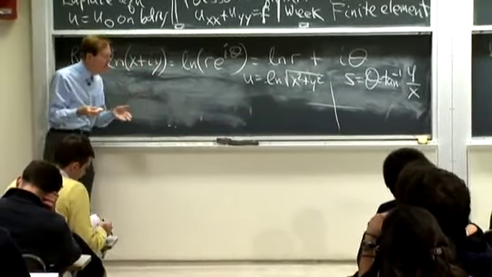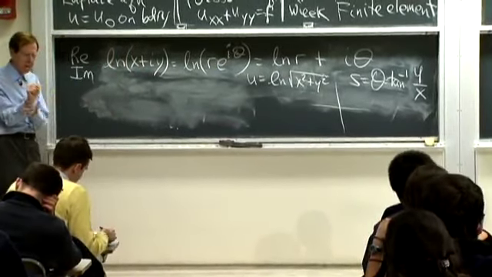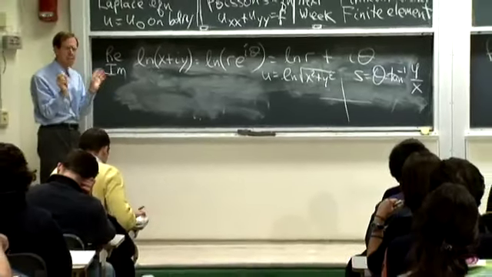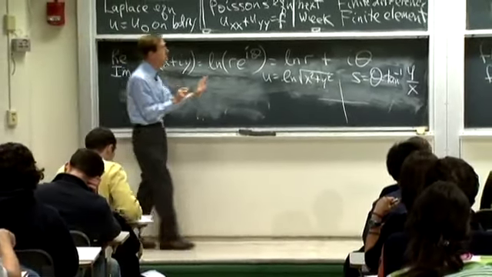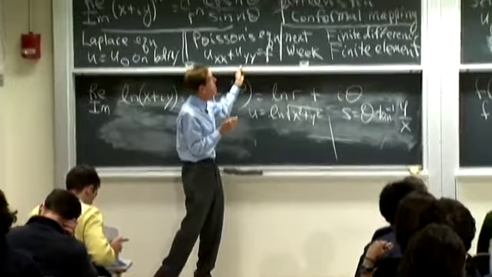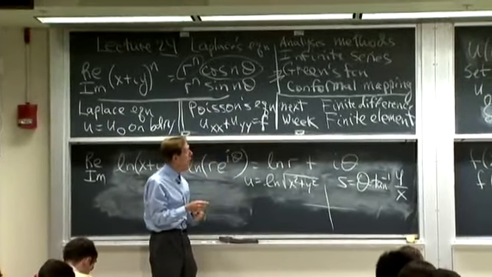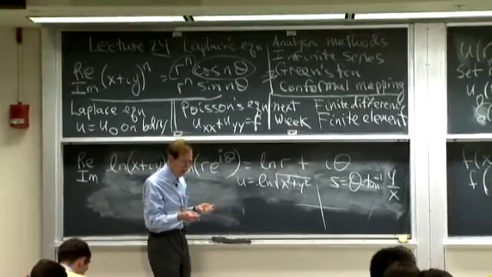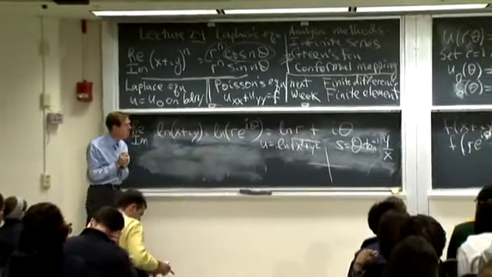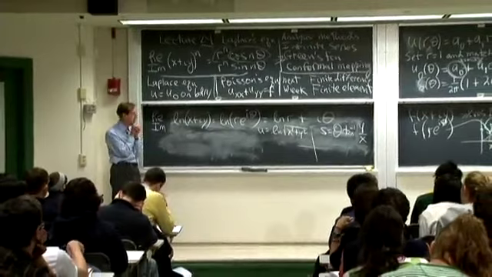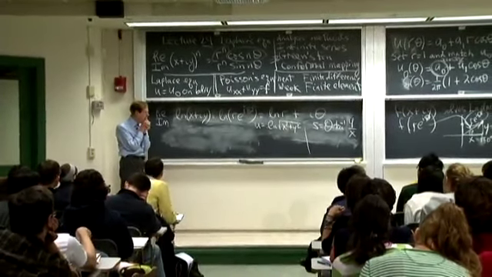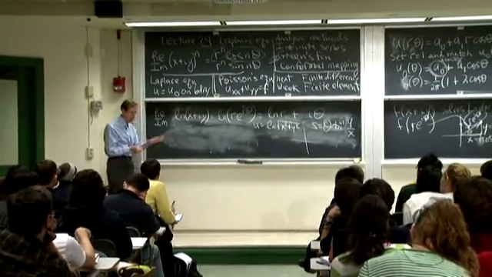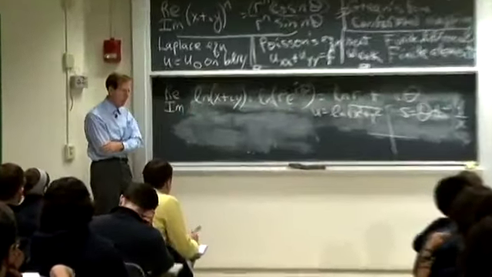So for Wednesday's exam, I'm not expecting you to be an expert on the theory of analytic functions. I don't expect you to know any conformal mappings by Wednesday. But I do expect you to have these pictures in mind.